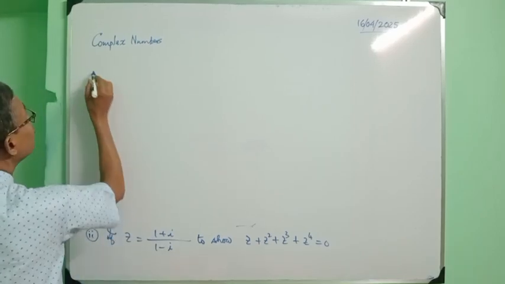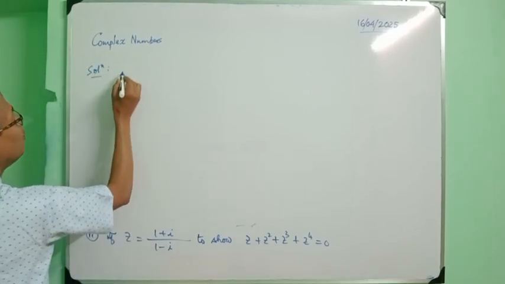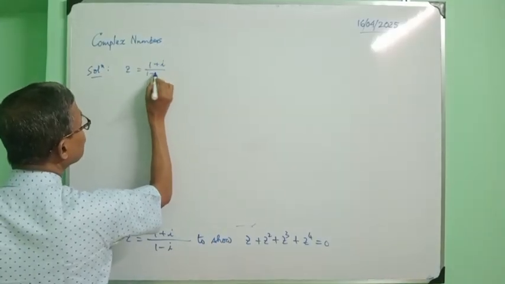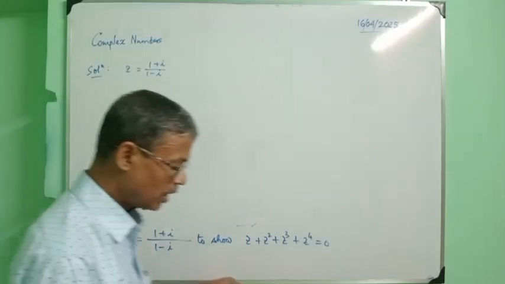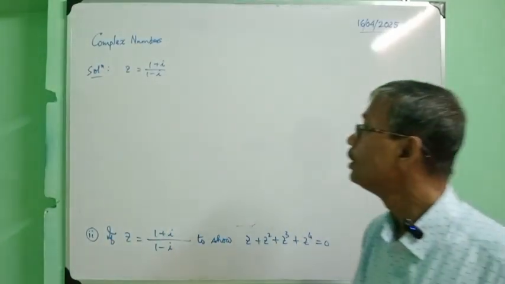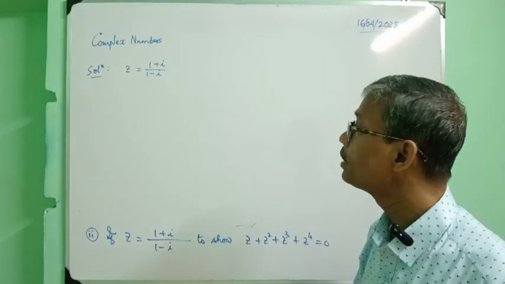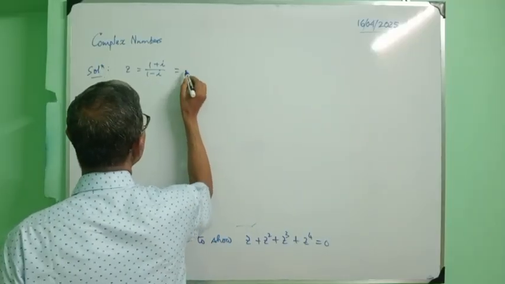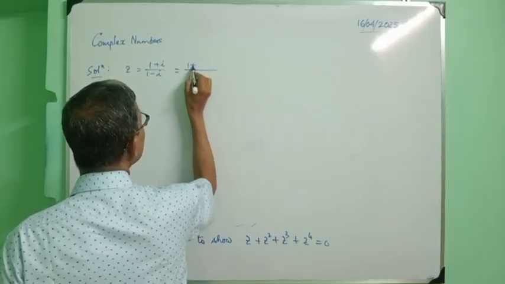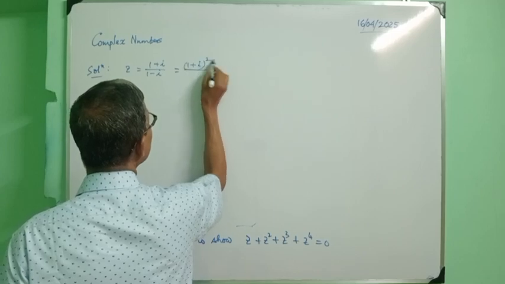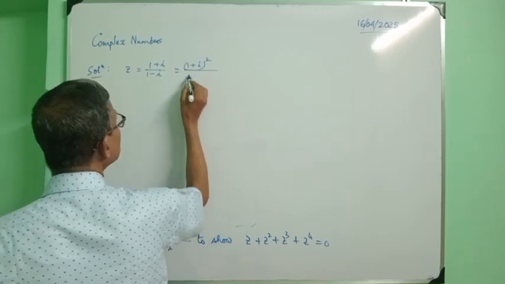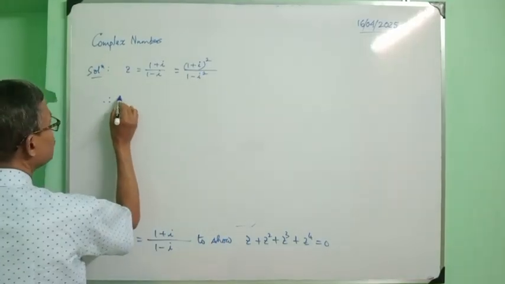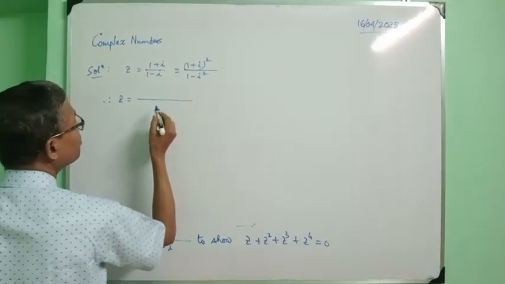First I write this z equal to 1 plus I by 1 minus I. To make the denominator real number, we have to multiply both numerator and denominator by the conjugate of the denominator. That means we have to multiply numerator and denominator by 1 plus I. Therefore, z equal to, now I apply the identity.